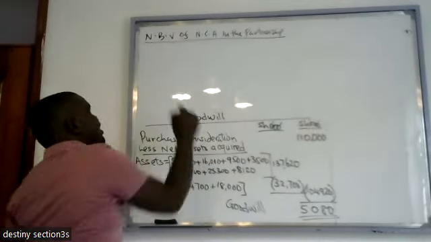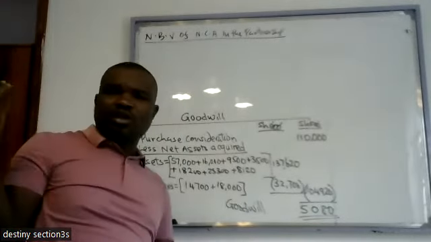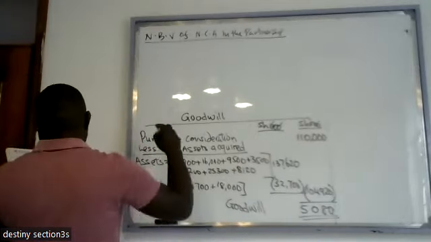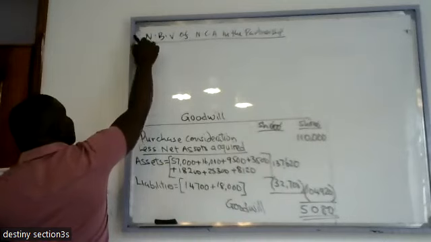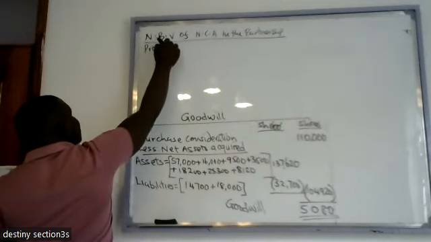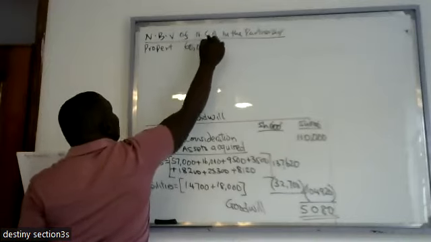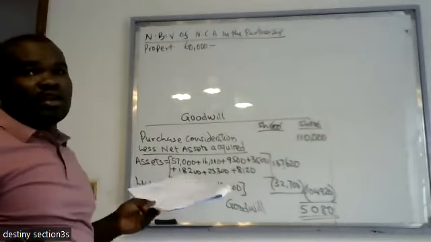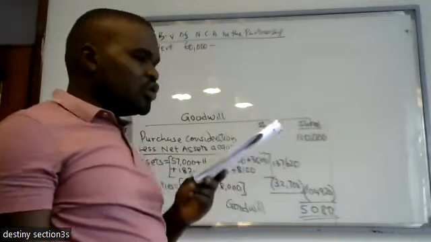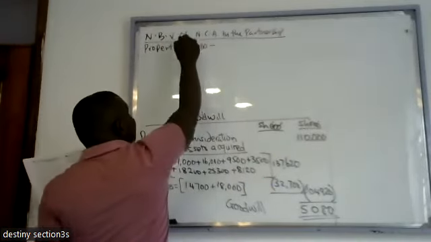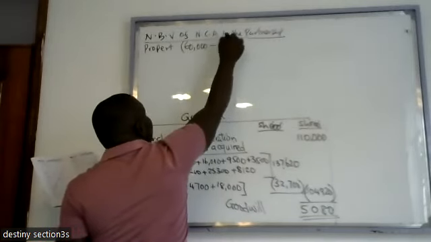I'm doing this because there was accumulated depreciation for the year, all those things. So for property, the cost was 60. 60 means it includes land, so there's no problem. The cost was 60 minus accumulated depreciation of 5.